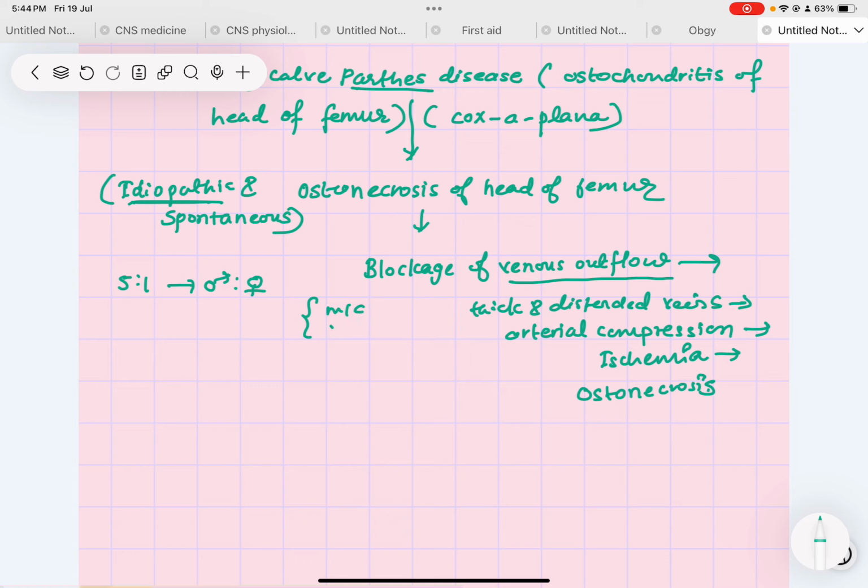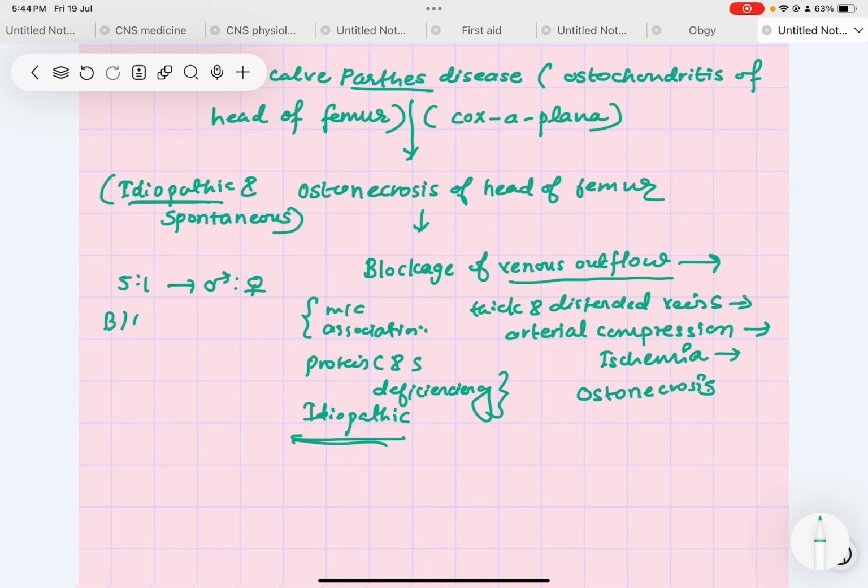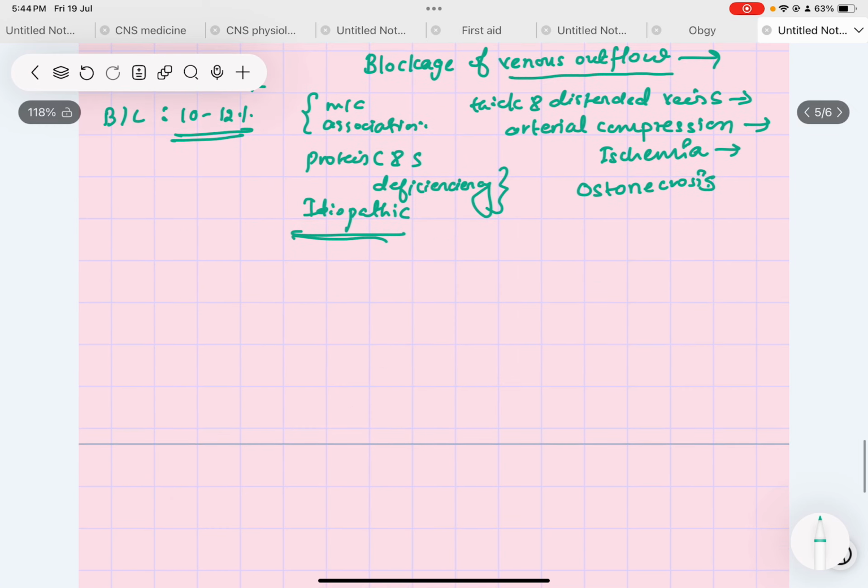So the most common association here is protein C and S deficiency. So it is idiopathic. Okay. And bilateral is only 10 to 12%.